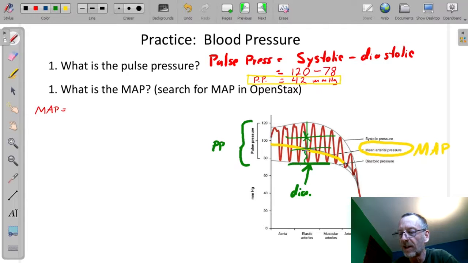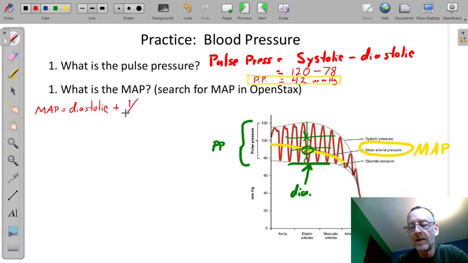So we'll take the diastolic and we'll add 1/3 extra of the pulse pressure, and that'll put us right about there. So the formula is diastolic plus 1/3 of the pulse pressure.